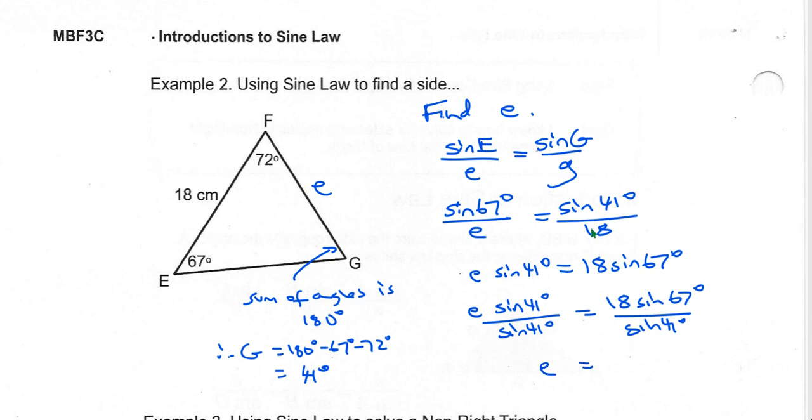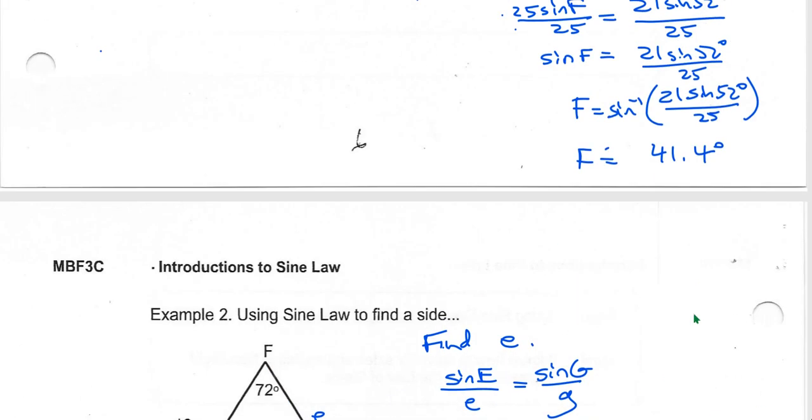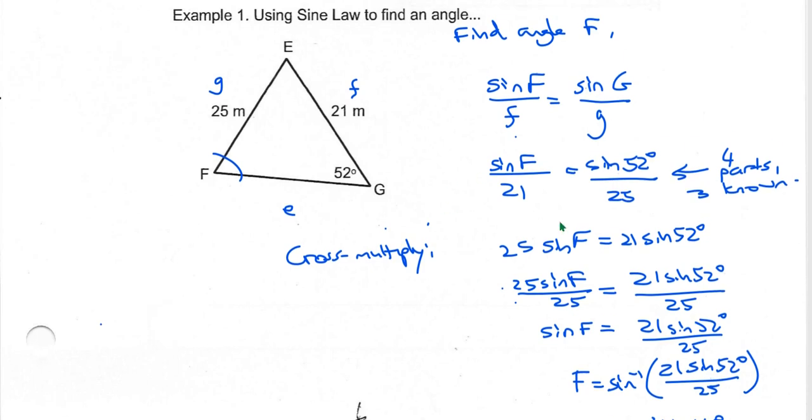So little e becomes, so the sine 41s cancel out, and little e is 18 sine 67 degrees over sine 41 degrees. And this goes into the calculator all at once. 18 sine 67 divided by sine 41. And I get 25.3. So approximately 25.3 centimeters.